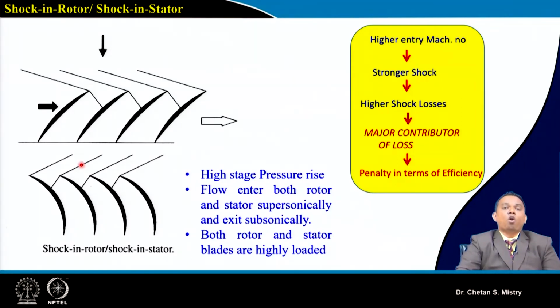There is nothing wrong in having this kind of configuration, but what our aerodynamics says is, if we have a higher entry Mach number, my shock will be a stronger one. When we have a stronger shock, the losses will be larger, and that will reduce the efficiency as a penalty. That's the reason why this kind of configuration has some special applications where the duration of the operation will be short. There people prefer to go with this kind of configuration.